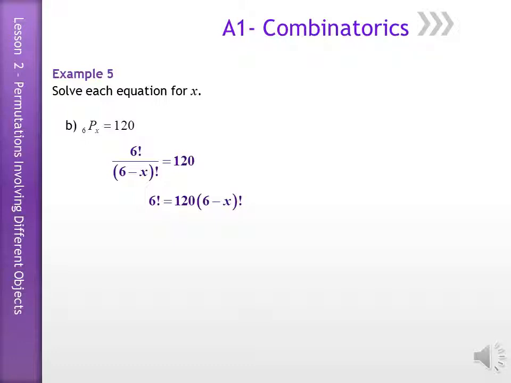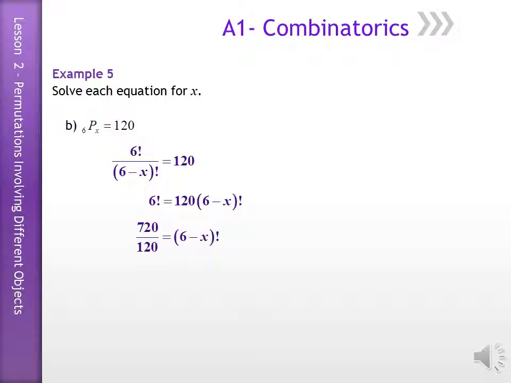And then we divide each side by 120, and we actually compute what 6 factorial is. We can throw that into our calculator to get 720, and we are left with 720 over 120 equals 6 minus x factorial. We do the division, and we get 6.